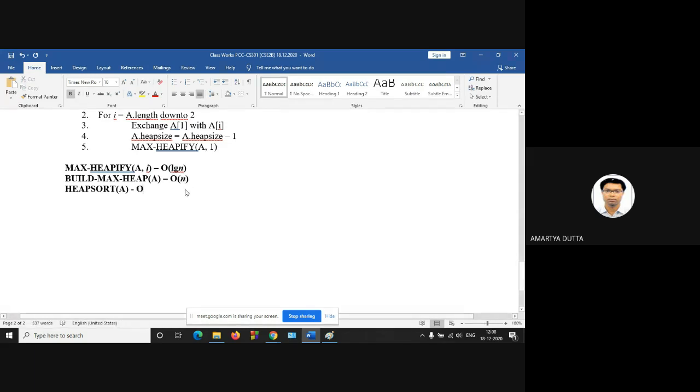For heap sort, it will be order of n lg n.